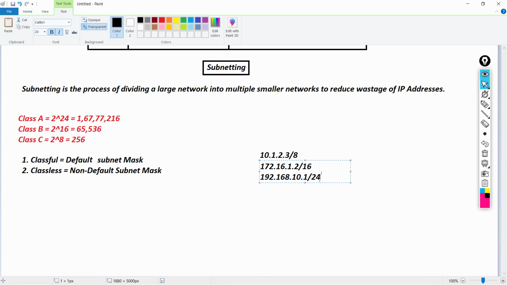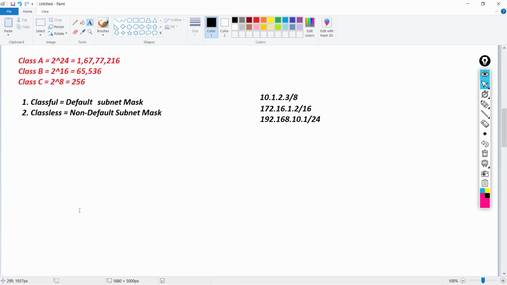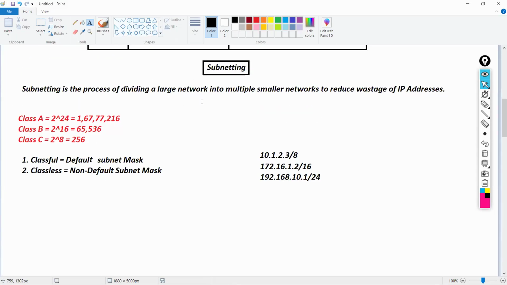This is clear? Okay. So first of all, we'll go with classful subnetting and then we'll go with classless subnetting. See, in subnetting, in most cases, they will give you an IP address with a CIDR value, and they will ask you about the network ID and broadcast address. This kind of question will be there. For example, this thing you have noted, the subnetting definition.